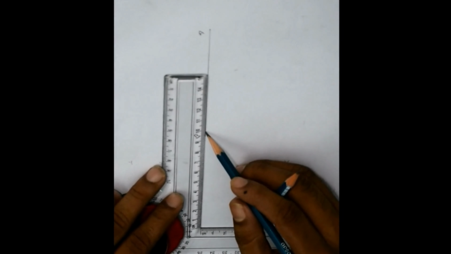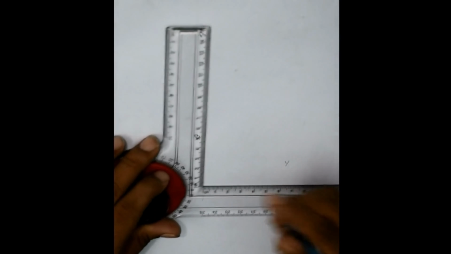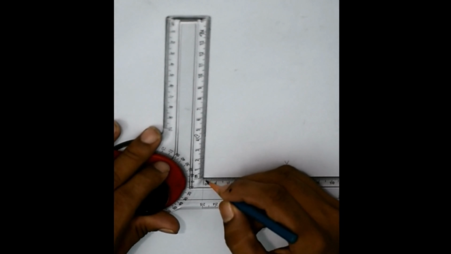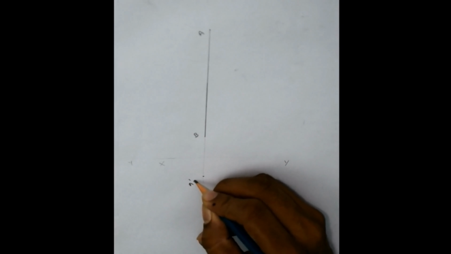So this is the end B, this is the end A, and as we have seen, the top view will be a point which will be 20 mm away from the VP. So this is going to be a top view which will be simply a point. This is a dash and b dash.